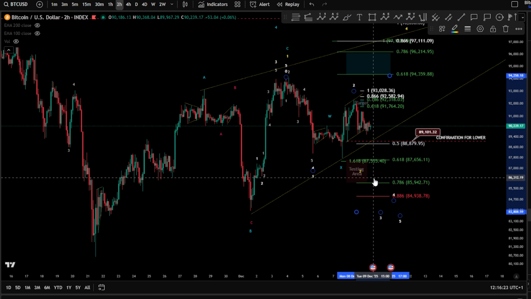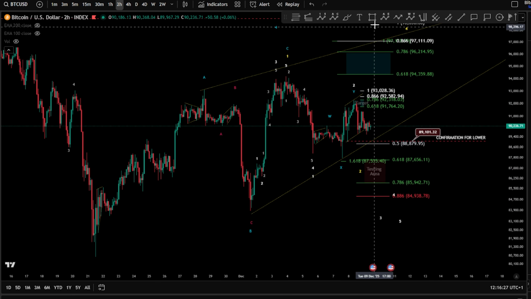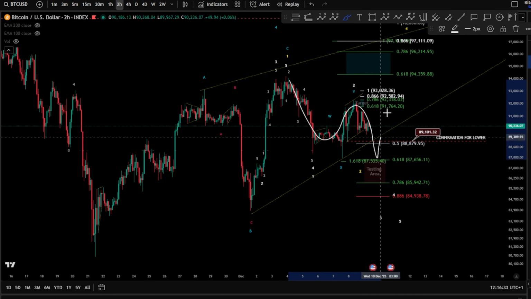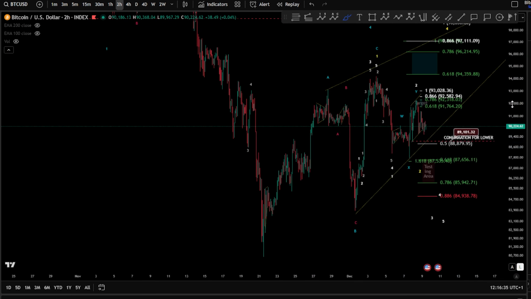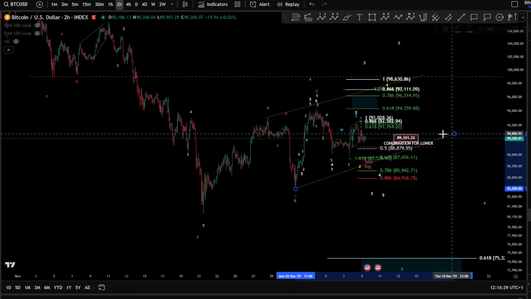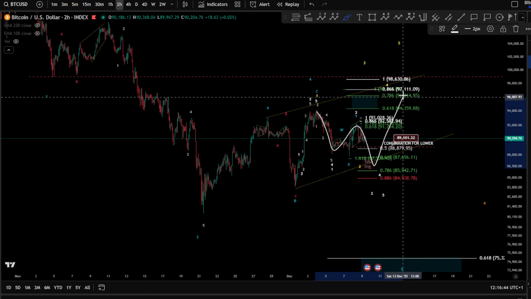Another possibility here is, of course, a deeper wave 4, meaning even if we take the confirmation for lower, you might still have a possibility here for ABC and then pushing for higher. Simply, this diagonal can still be there until this area. So it can be an A, B, and a C, and then pushing higher.